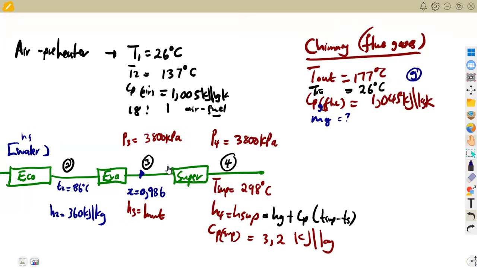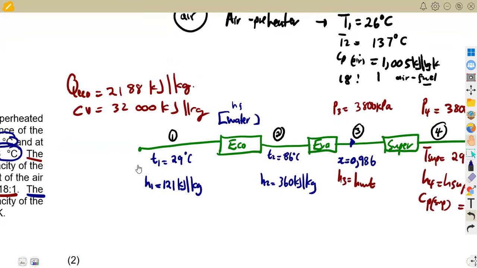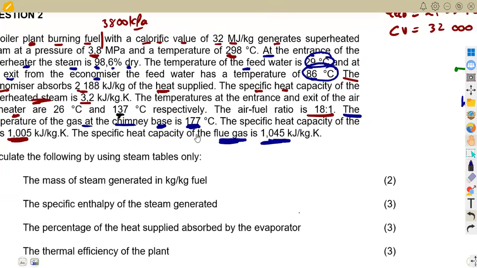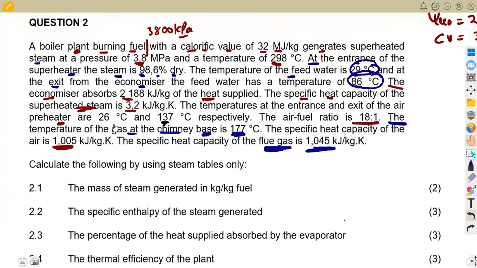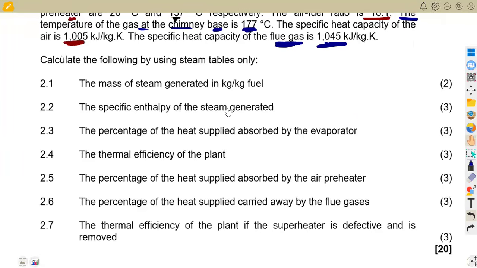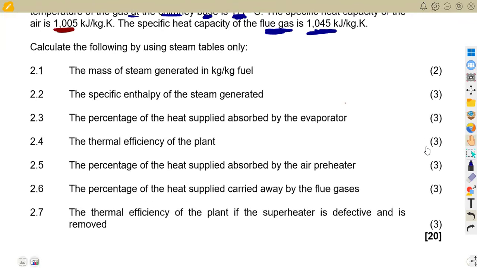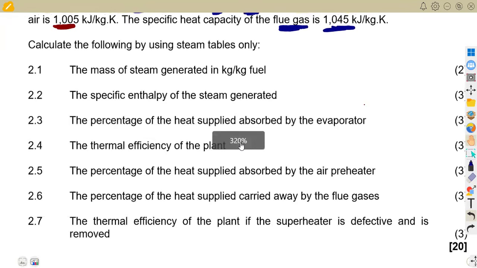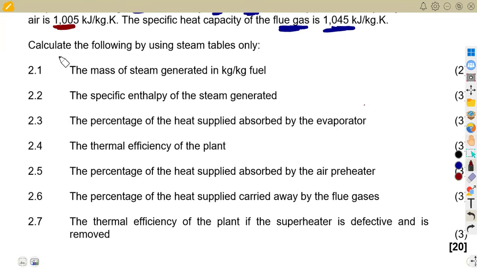All right, so the first question that we are given, I think that's the whole information. We took everything. If not, we shall come back and see, but everything is there. So it was to calculate the following by using tables only, which are the steam tables. The steam tables are the ones that are needed to take every information: the mass of steam generated in kilogram per kilogram fuel.